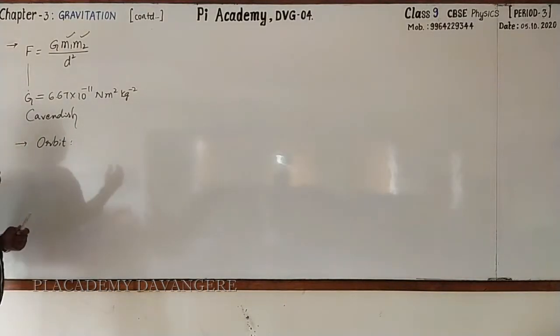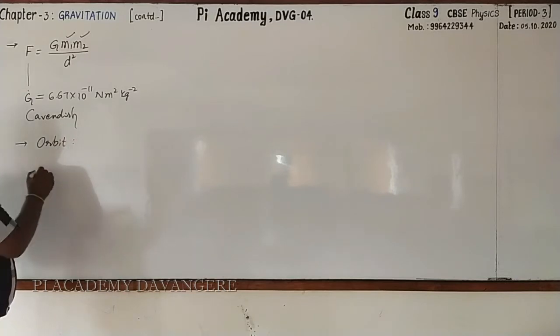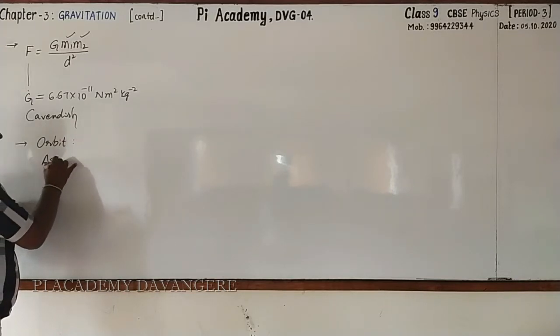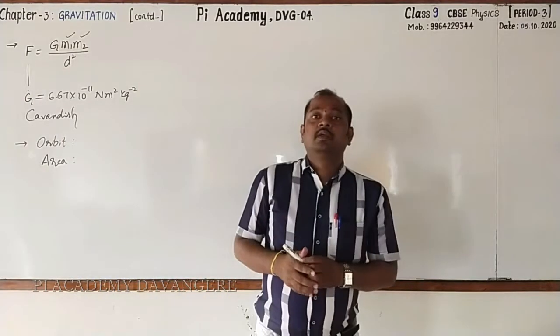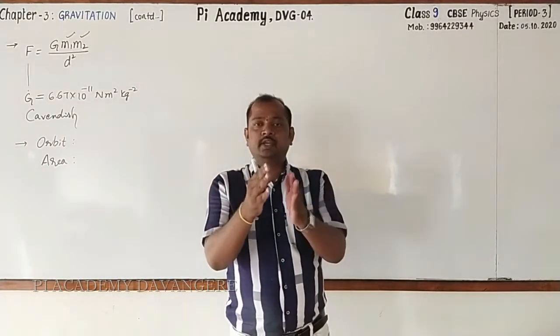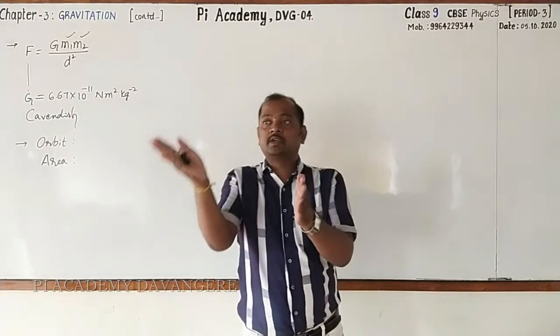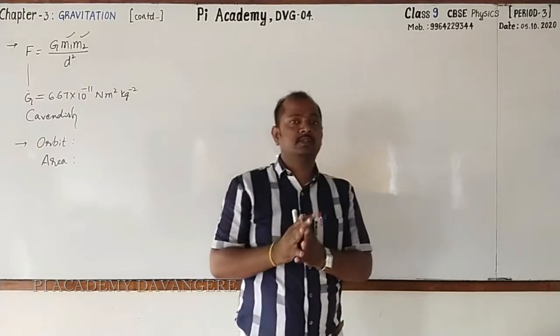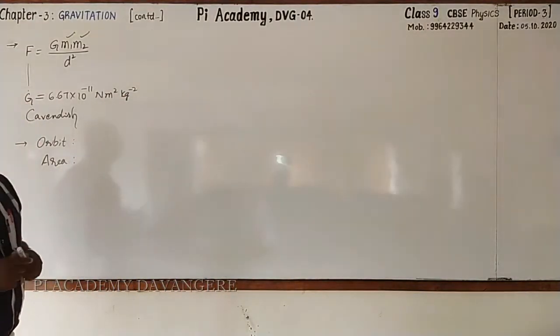Next, what do you call the second law of planetary motion? It is called the law of area. According to this, the imaginary line joining the sun and the planet sweeps equal areas in equal intervals of time. Got it?